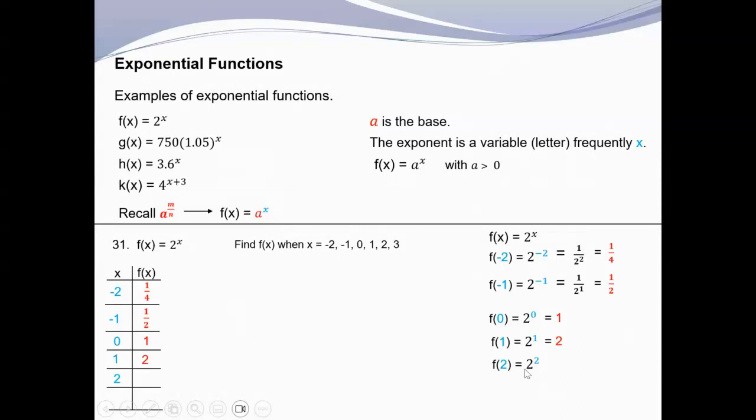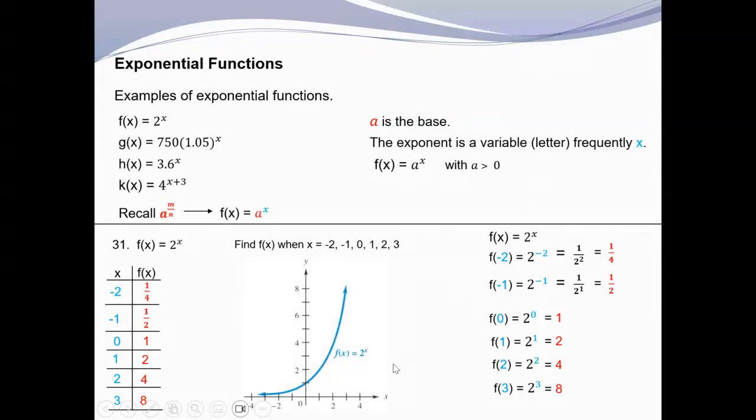We're going to evaluate f of 2, which is 2 to the second power, and that will give us 4. So when x is 2, y is 4. And finally, 3. When x is 3, we evaluate f of 3, which is equal to 2 to the third power, which will give us 8, because 2 times 2 times 2 is 8.